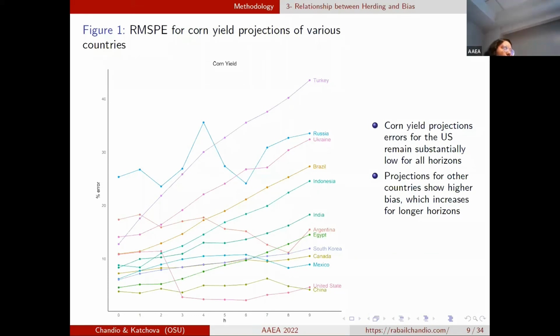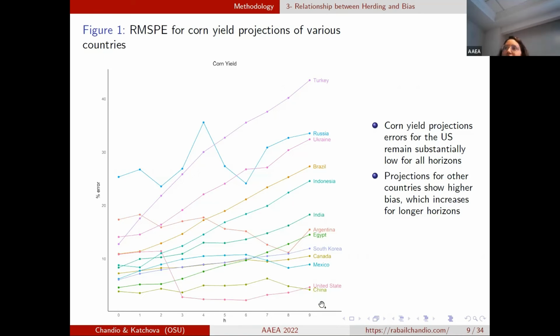This is just a descriptive graph of the errors for corn yields of various regions. On the x-axis, we have the projection horizons. As we begin at horizon 0, the errors for most series are much lower than later on.